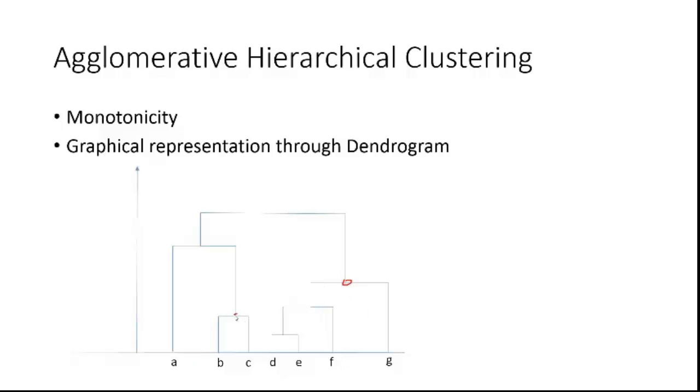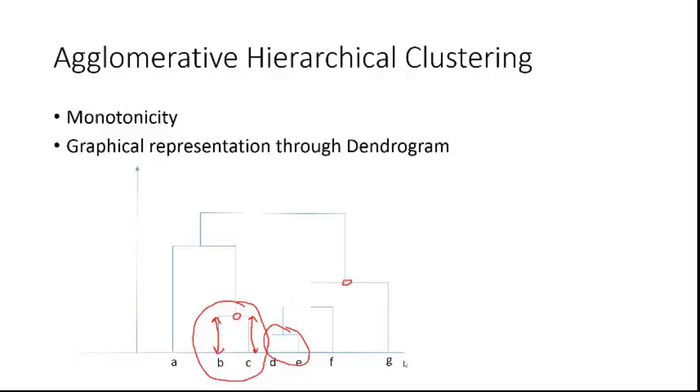So let's take something very simple. The height of this node has to do with the degree of dissimilarity between B and C. So you're forcing B and C to be in a cluster right now. That's what you're doing by this part of the graph. This height has to do with the dissimilarity of B and C, which is why, for instance, perhaps D and E were merged first.